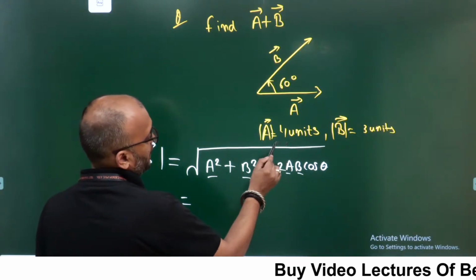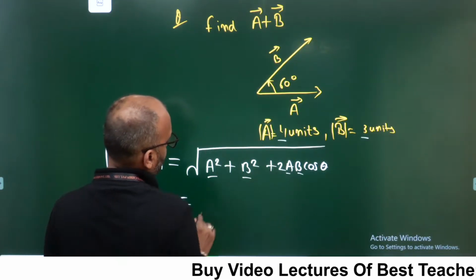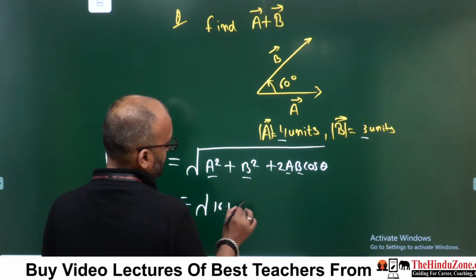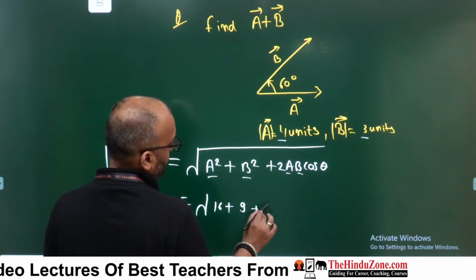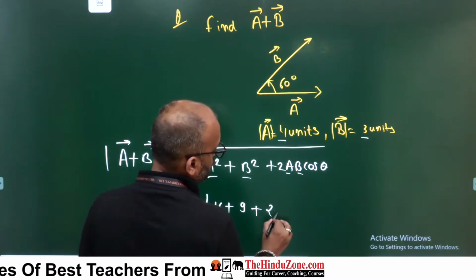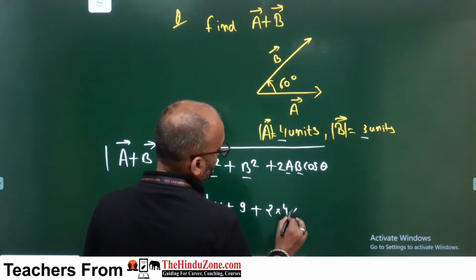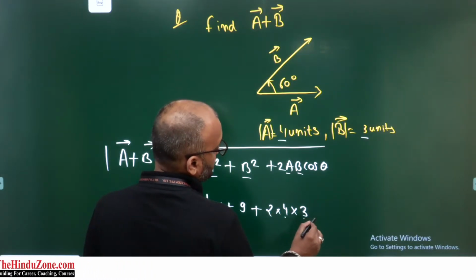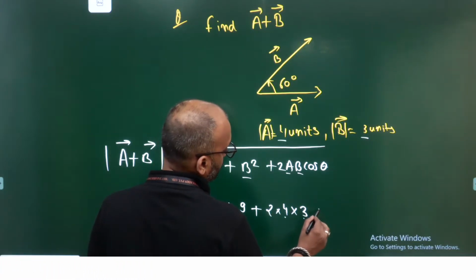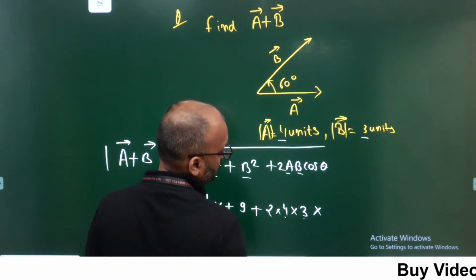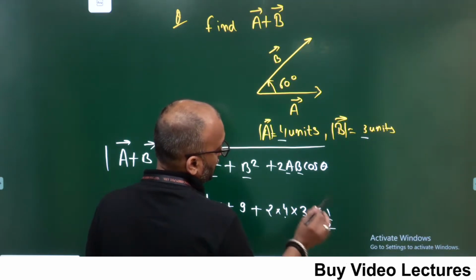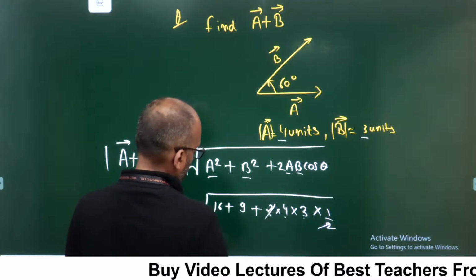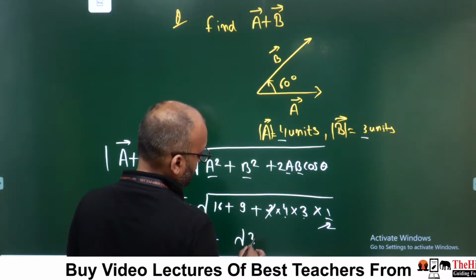So magnitude of A is 4 units, magnitude of B is 3 units. So 4 square will give you 16, 3 square will give you 9, plus 2 into 4 into 3, 2AB, and cos 60. What is cos 60? Cos 60 is 1 upon 2. So 2 cancels out. What will you get? Under root 37.